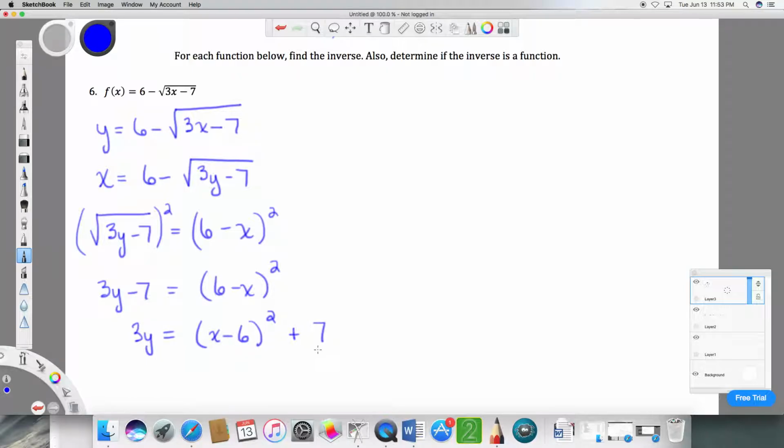But I have visually changed it so that it will be easy for me to see what the vertex is by getting this in vertex form.